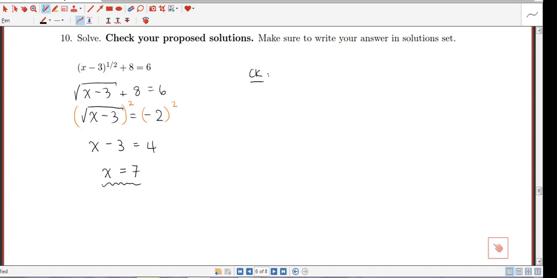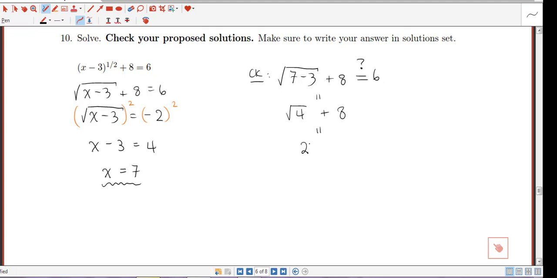But we need to check. Alright, so then I'm just going to write it in terms of the square root. So the square root of 7 minus 3 plus 8, does it equal 6? This is what you need to ask. Alright, so let's compute that left hand side. 7 minus 3 is square root of 4, right? And then plus 8.